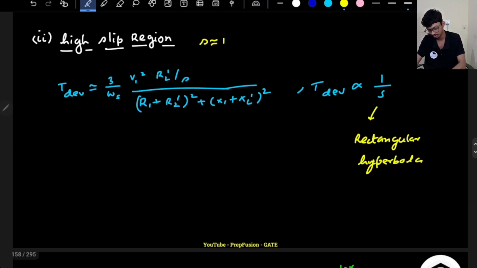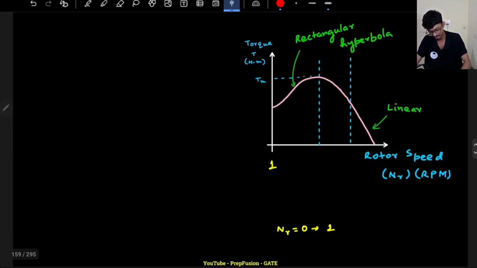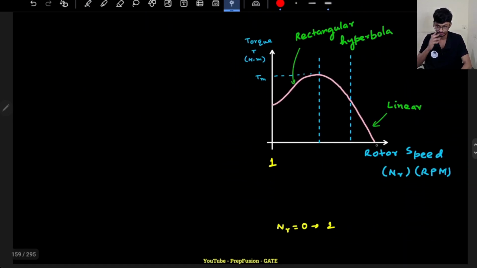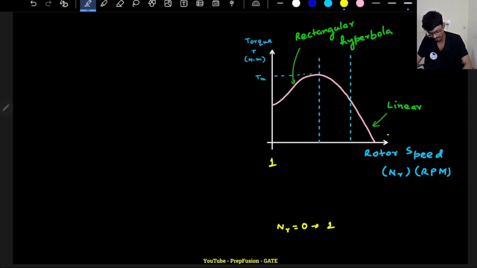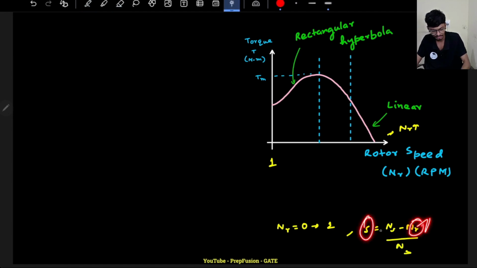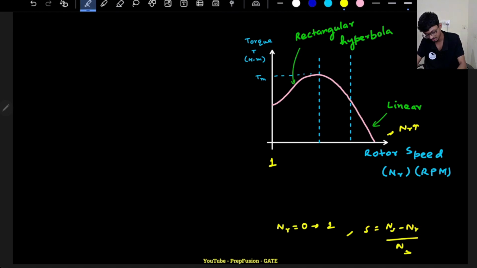And this is the low slip region. Why low slip region? Because this is the case where the rotor speed Nr is very high. S is Ns minus Nr divided by Ns, so if Nr is increasing, that means the slip will reduce. So this is the low slip region.